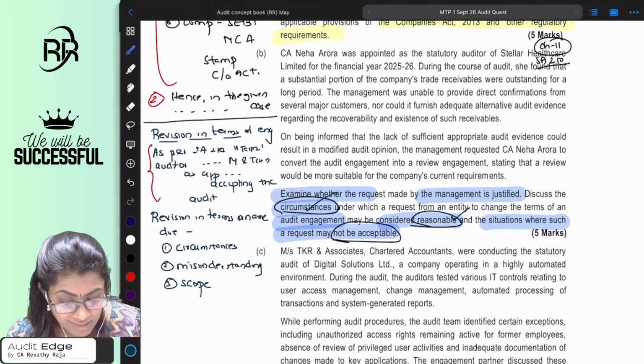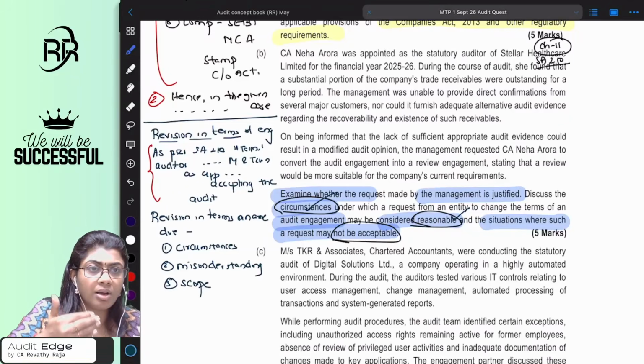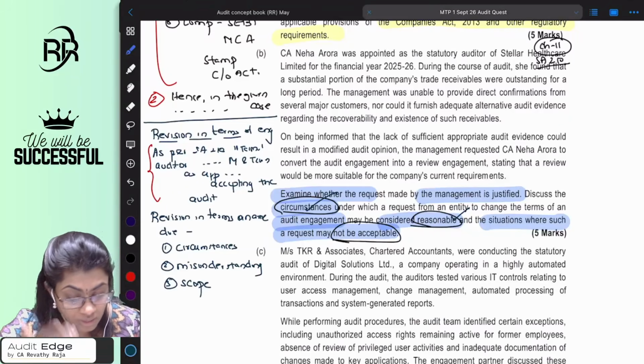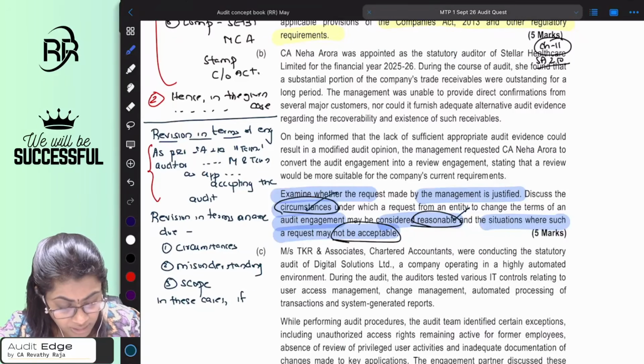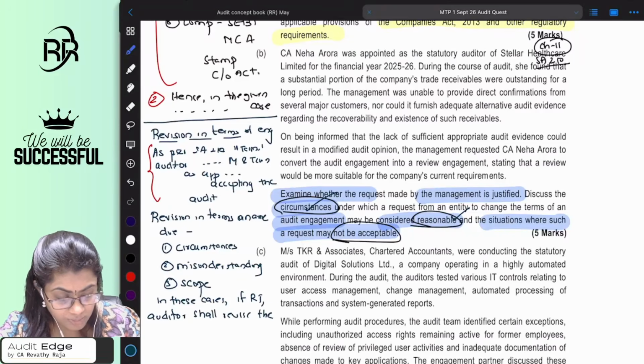These are the cases where there may be a revision in the terms. In these cases, if there is reasonable justification, the auditor shall revise the terms.